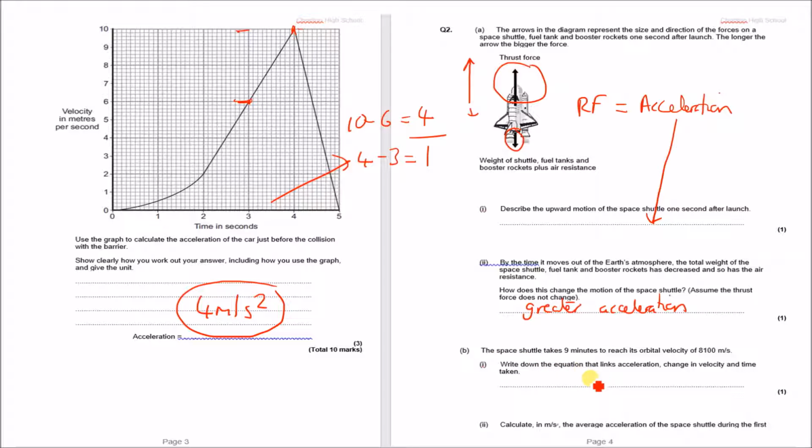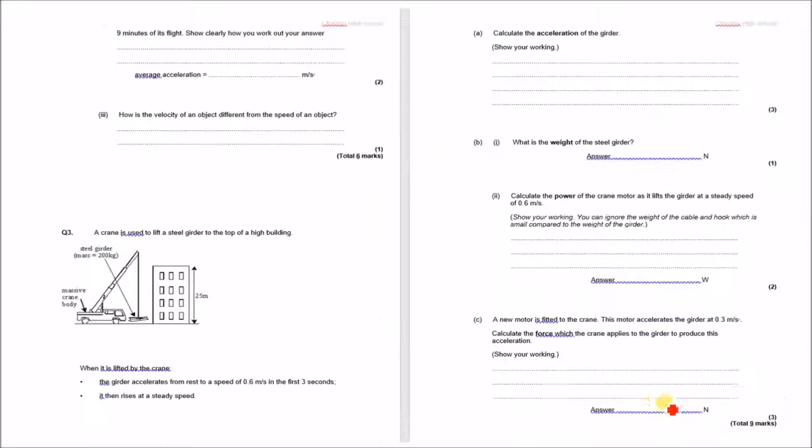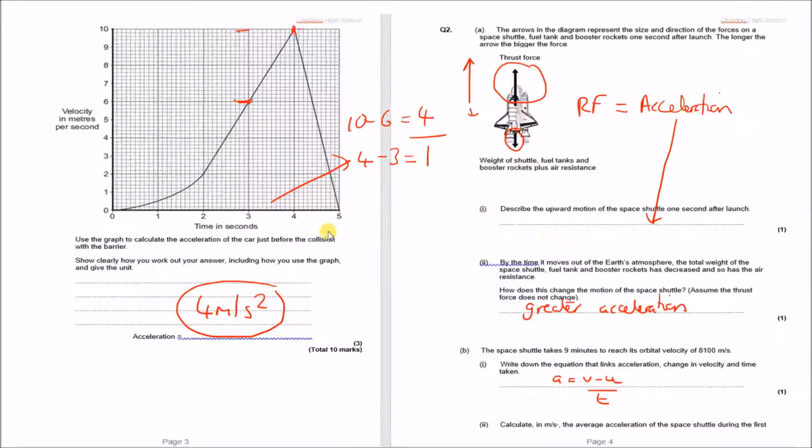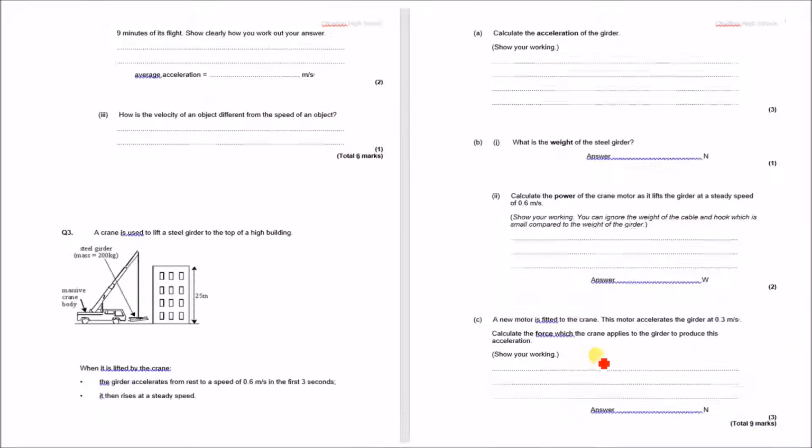Okay, write down the equation that links acceleration, change in velocity and time. Remember, acceleration a is equal to v minus u divided by t. Calculate in meters per second squared the average acceleration of the space shuttle during the first 9 minutes of flight. We know from the previous question that it reaches its velocity of 8,100 meters per second, and that takes 9 minutes.